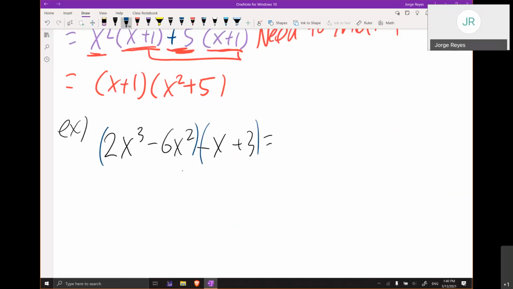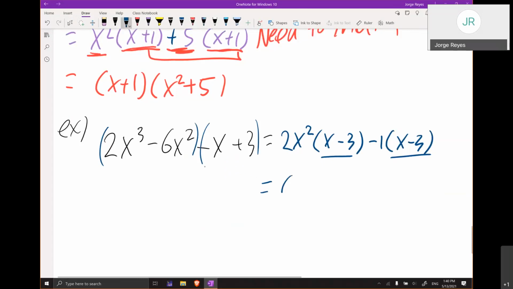I'm going to take out a 2x squared from the first group, so that leaves me with x minus 3. And from here, I can already see what I want. I'm going to take out a minus 1 to get an x minus 3 here, and then they match, so we're good. So x minus 3, and then this thing, 2x squared minus 1.